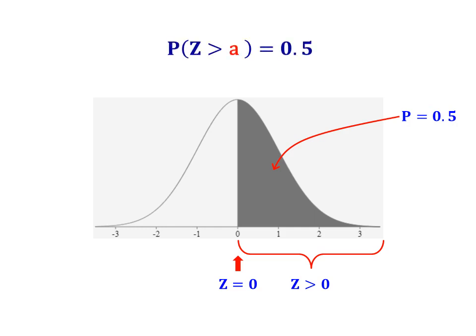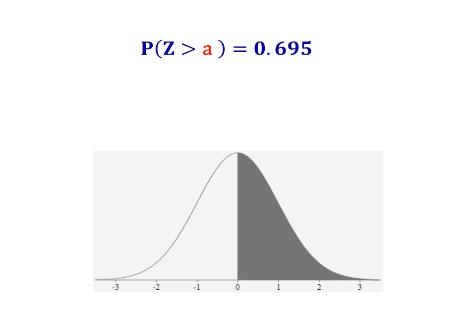So when we are given the equation probability of Z greater than A is equal to 0.5, which is half of the total probability, then we know that A is equal to 0. The value of Z, which is A, is equal to 0.